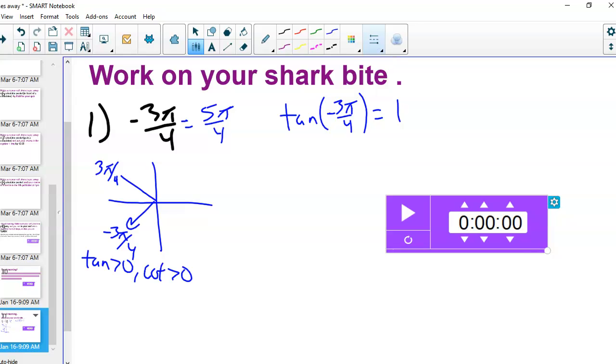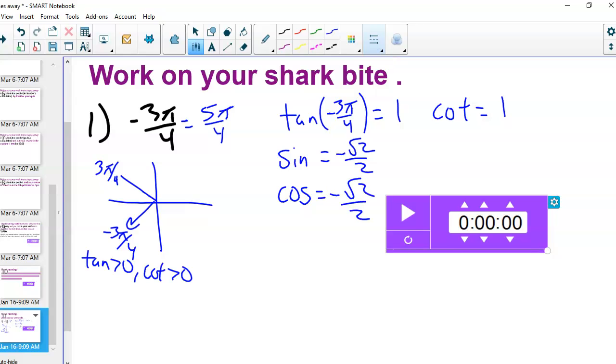So cotangent would also be 1. What is the sine at negative 3 pi over 4? Negative root 2 over 2. Same thing for cosine.